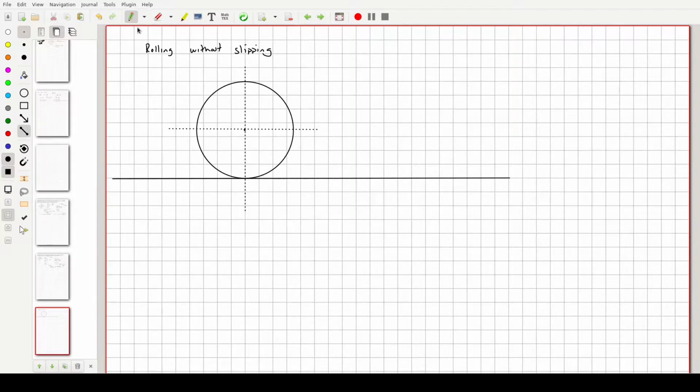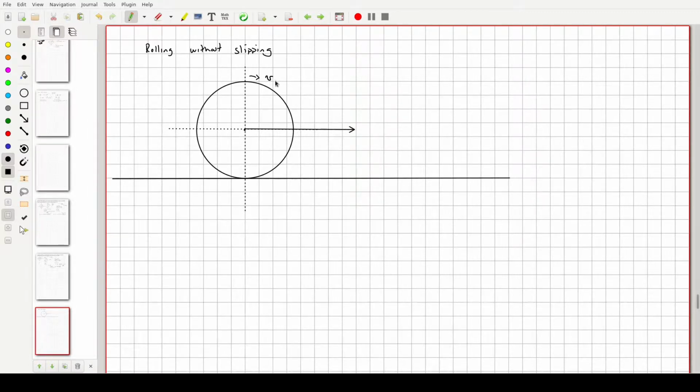And this is the point that our wheel rotates about, whenever it goes. So as the wheel rolls this way, what happens is the center of the wheel moves this way. And it moves this way at the same velocity that a point on the outside of the wheel does.